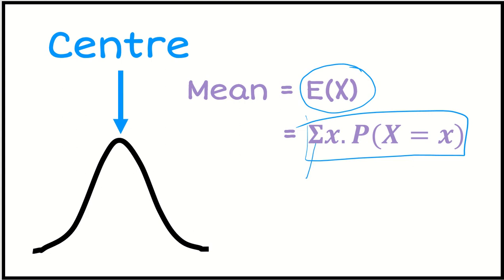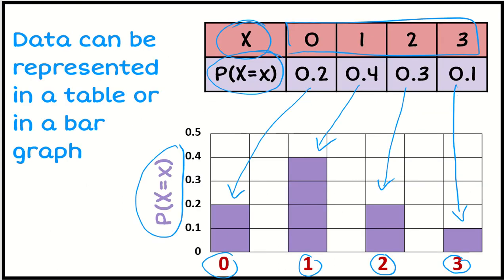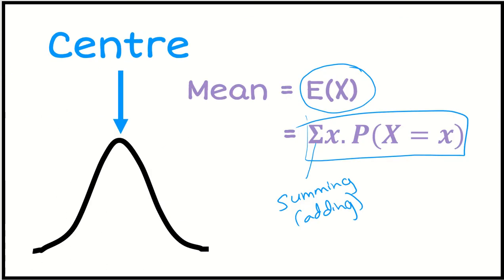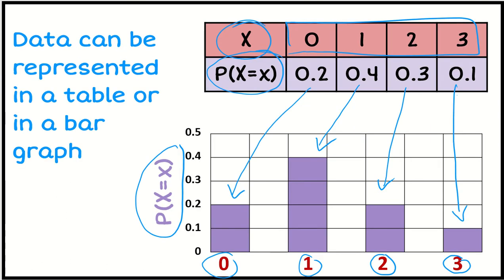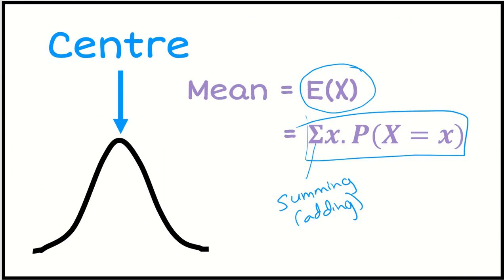This little sigma sign stands for summing up, or adding up multiple things. x, if I go back to that little table, is my data values themselves, 0, 1, 2, 3, and the probabilities are the values 0.1, 0.2, 0.3, 0.4. So we want to sum that up, and I'll go through how to do that shortly.